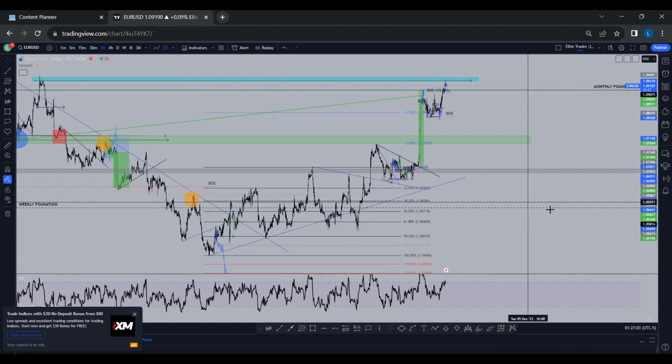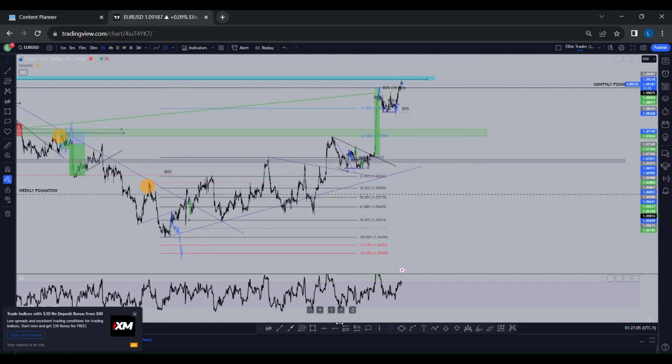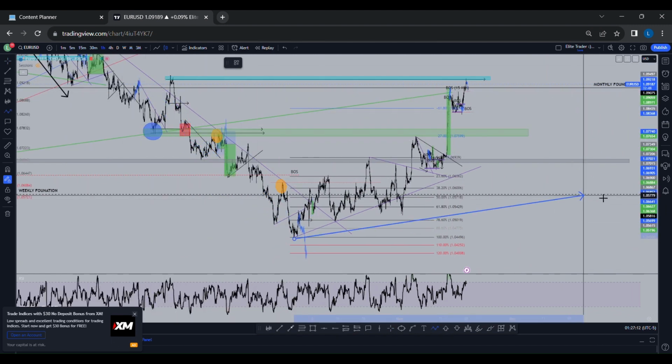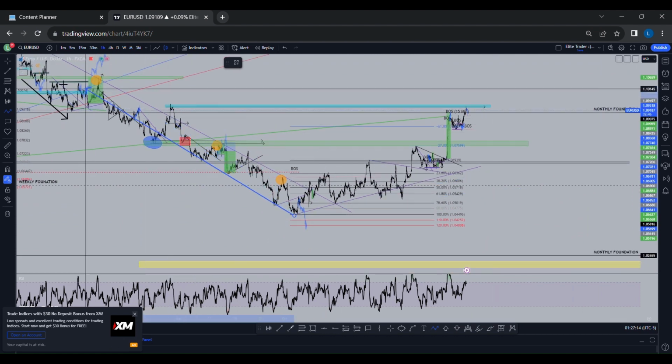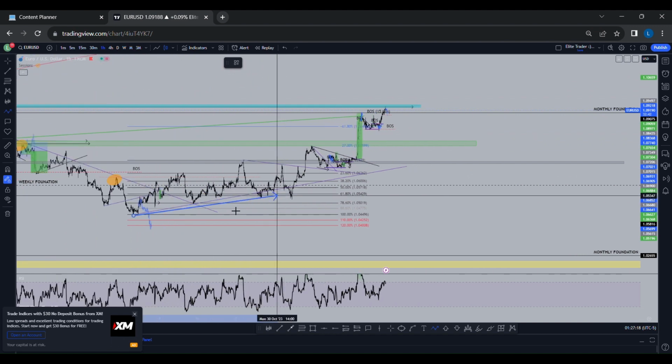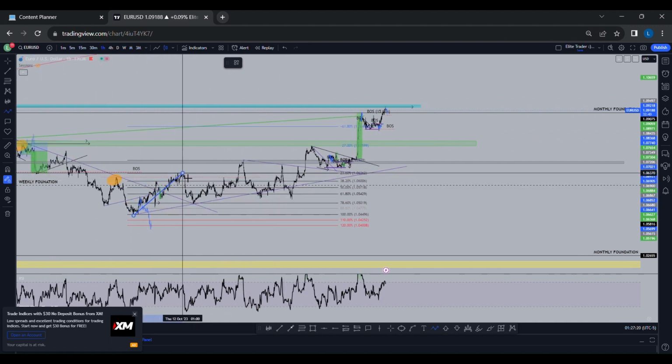On my 1 hour time frame, we had this impulse after PA broke this 1 hour structure and somewhat created a higher high relative to this previous lower high.